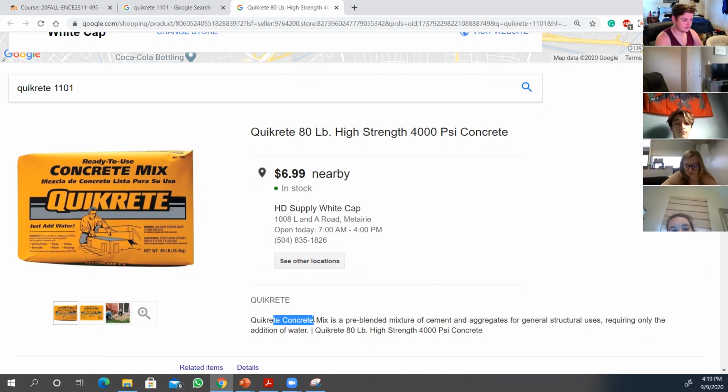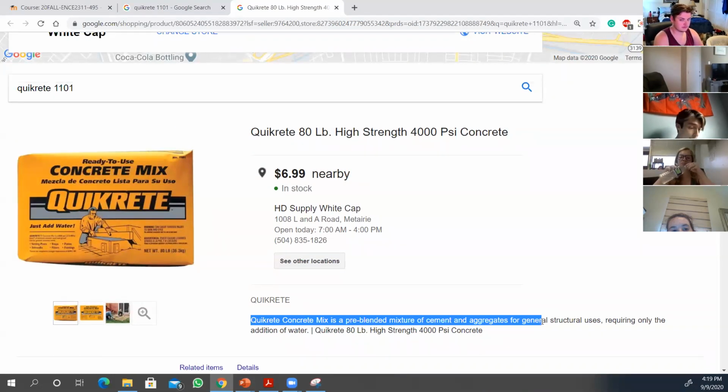And if you look at the description, it tells you Quikrete concrete mix is a pre-blended mixture of cement and aggregates for general structural use, requiring only addition of water. So what I need is sand, which is also known as fine aggregates.